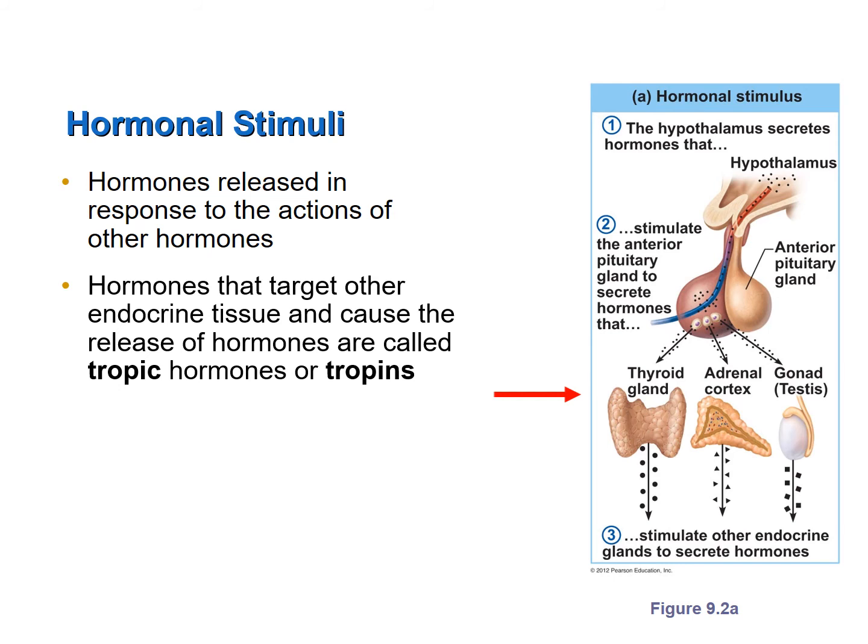So these are just a few examples, and we're going to get into the specifics of these different types of hormones later on in upcoming screencasts. But here I just want you to understand that some hormones are released in response to the actions of other hormones, and we call this hormonal stimuli.